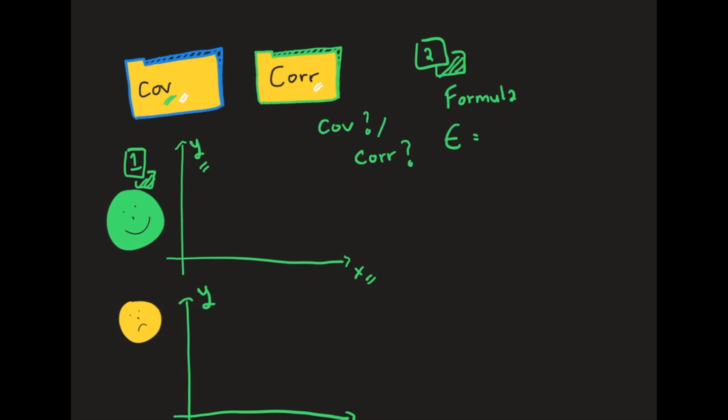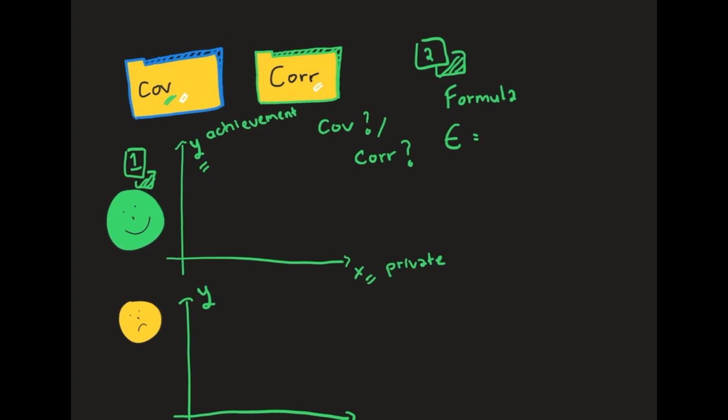For example, y is the status of the school, a private school status, and x is the achievement of the student at this school.